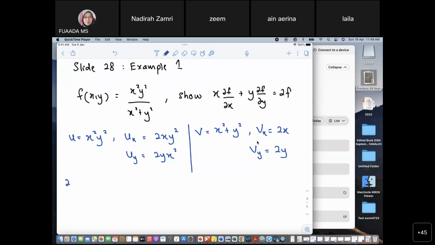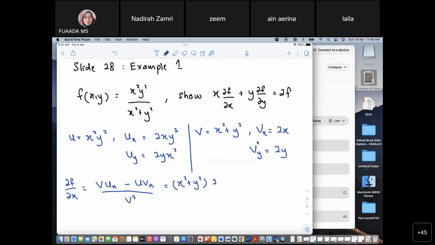to get the del f del x. Applying the quotient rule, v u x minus u v x divided by v squared. Okay, so v is x squared plus y squared.